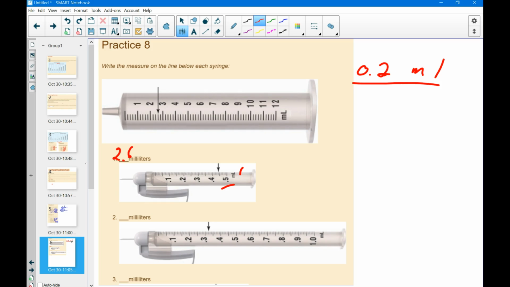Any thoughts? So if we're going from 0.4 to 0.5, that range there, and there's 10 dashes in the middle, what do you think they're worth?